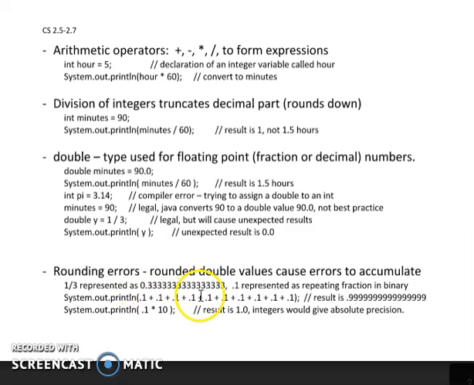If you try to do something like this, add 0.1 10 times, I should get an answer of 1, but actually the result is 0.999, 16 nines, because of the way this is internally represented in Java. So a lot of times you can run into errors like that without even realizing it, rounding errors, so you have to be very careful. Okay, this one works because here you're doing an integer. Integer numbers give correct precision, so it's not an estimate.